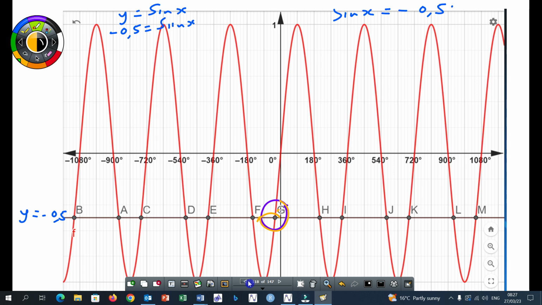Right? You can also have your ratio being positive. So all these points here, that will be the solution. The reference angle can be positive or negative.